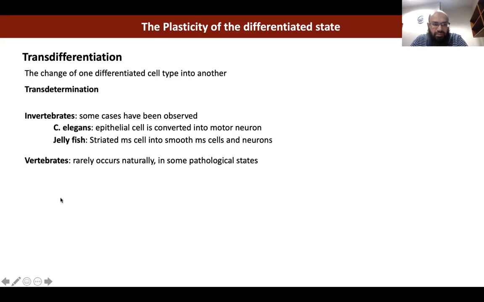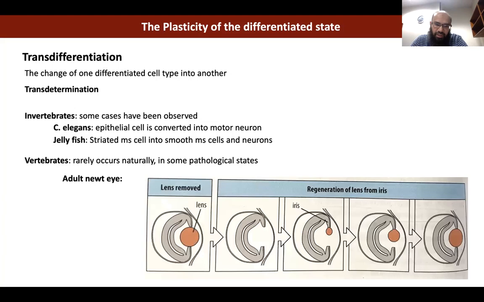In vertebrates, this transdifferentiation occurs very rarely, but it does happen in some cases naturally, and in others in pathological states. So let's consider first when it happens in a natural condition.